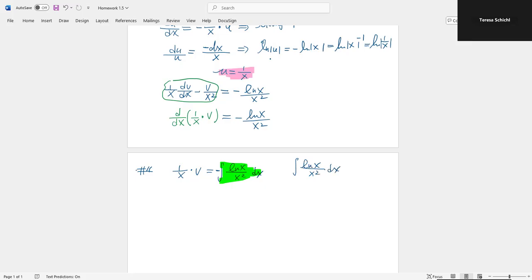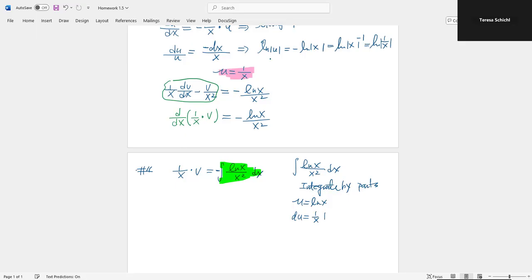we can use integration by parts. I will let u equal ln x, so du is going to be 1 over x dx.